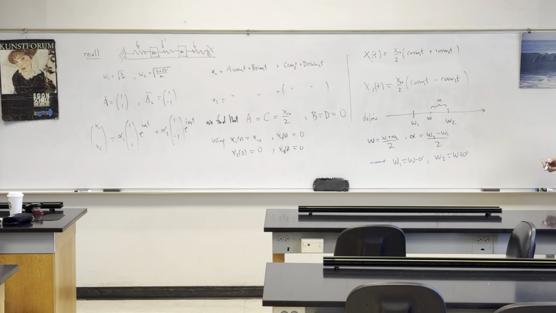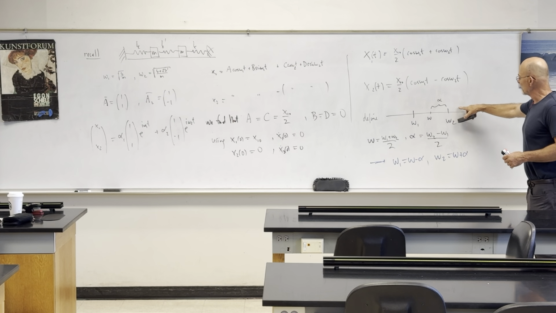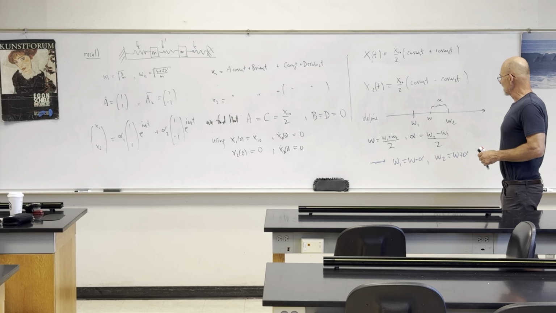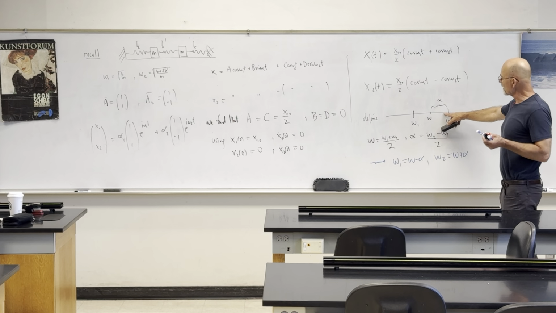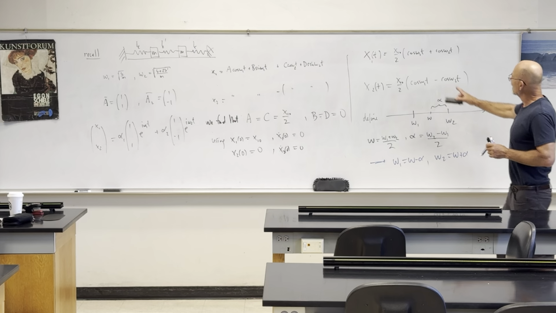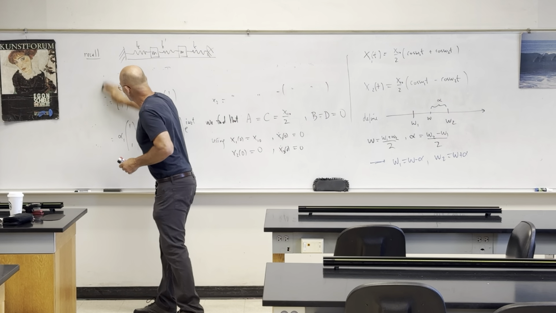So I've just defined these two new frequencies, and expressed omega 1 and omega 2 in terms of them. You can just see it from the picture or you do the algebra, same thing. So next, we're going to go ahead and plug these in here and see what happens. Let's leave this picture up.